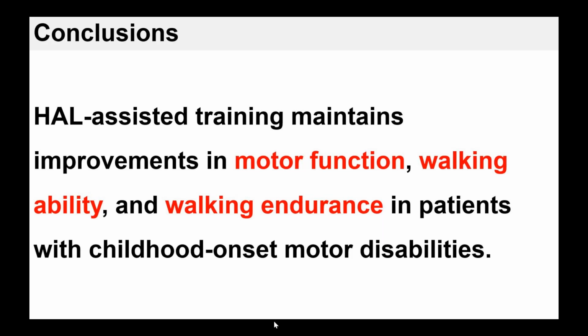Our results suggest that HAL-assisted training may maintain improvement in walking performance and endurance for 3 months post-intervention, and motor function improvement for 1 year post-intervention. Further, wearable robot training using HAL may be an effective intervention for patients with childhood-onset motor disabilities.